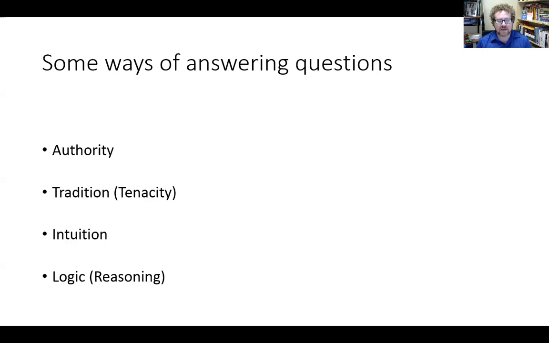The last method that I want to talk about in this slide is logic, sometimes referred to as reasoning. And when it comes to the four ways of answering questions listed on this slide, logic is the closest thing to the scientific method. It's not quite the scientific method, but logic or reasoning, this is the tool of the philosophers. Oftentimes you will see logic or reasoning represented in thought experiments that are often utilized within the discipline of philosophy.